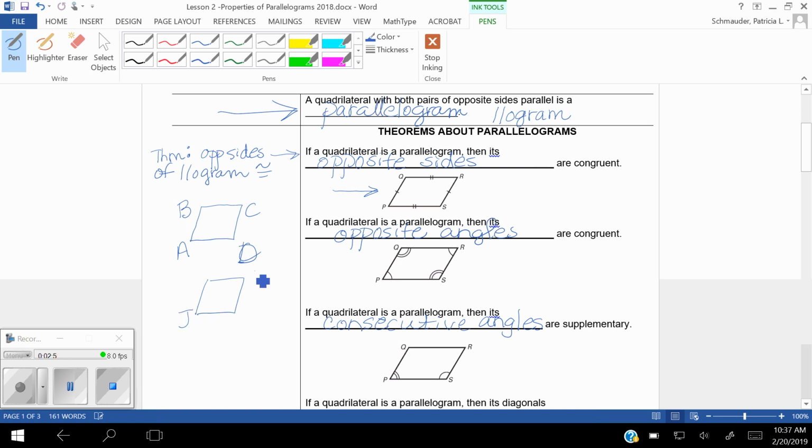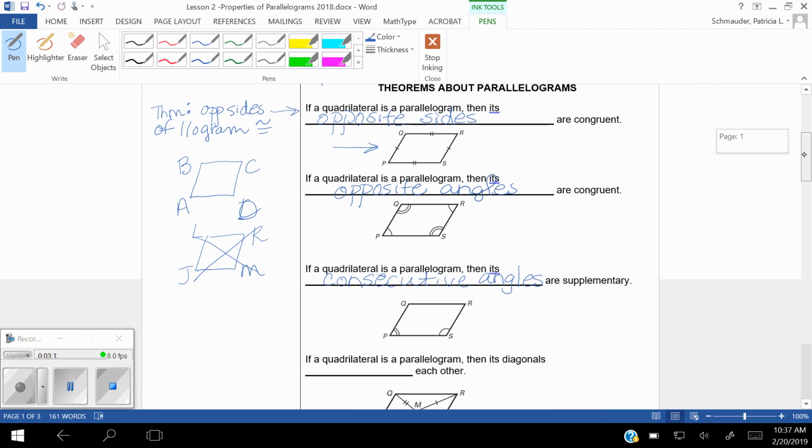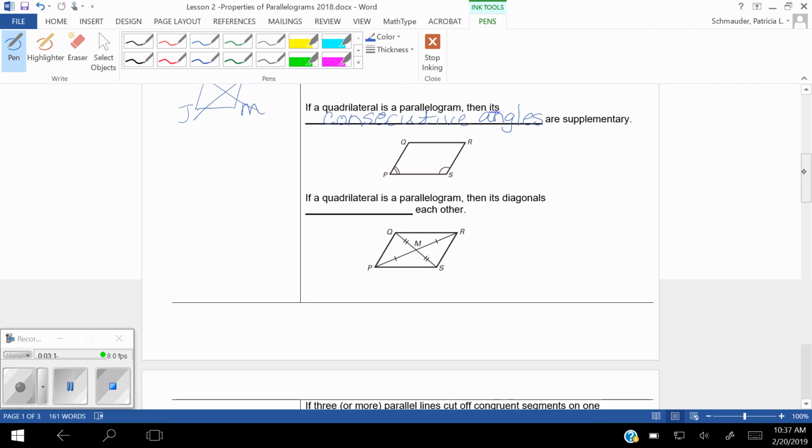I couldn't say JKLM. That would not be correct. Whichever vertex I start labeling with, I have to go clockwise. You could go counterclockwise too, but you do have to label them consecutively based on the letters that you are given. That's something that's important to remember.